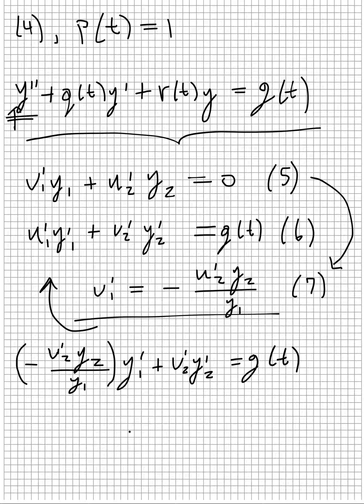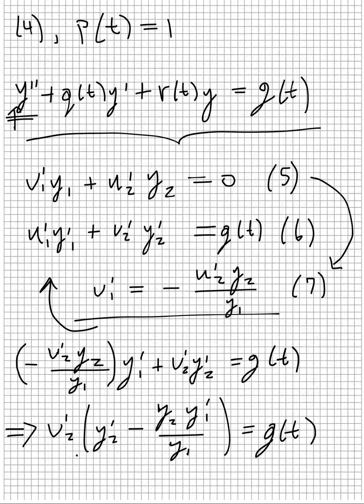Okay, so next, what this implies is that we have u prime 2 multiplied by y prime 2 minus y2 multiplied by y prime 1, divided by y1. And this all equals g of t.